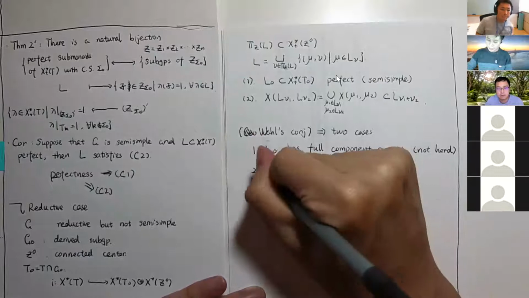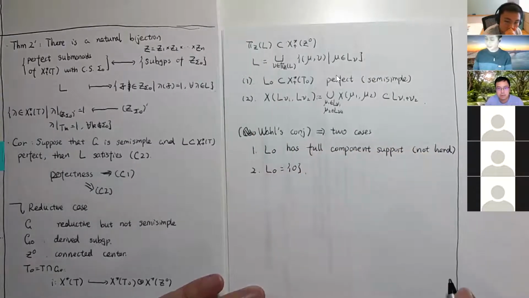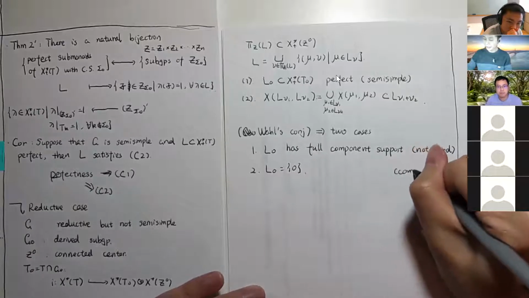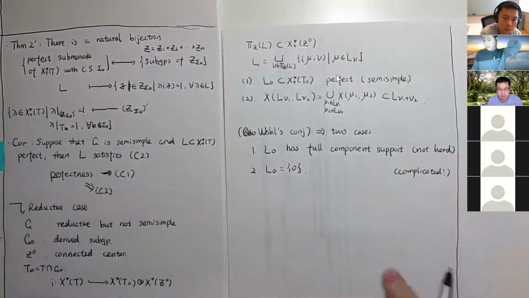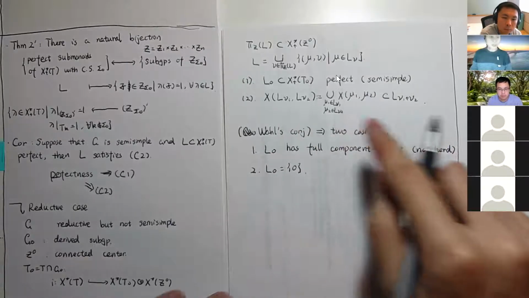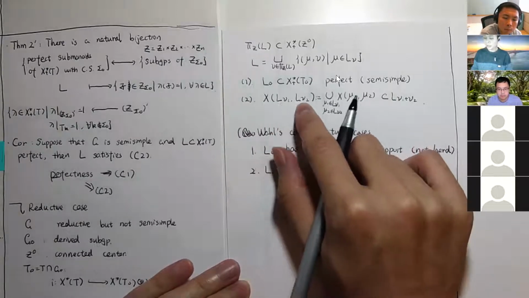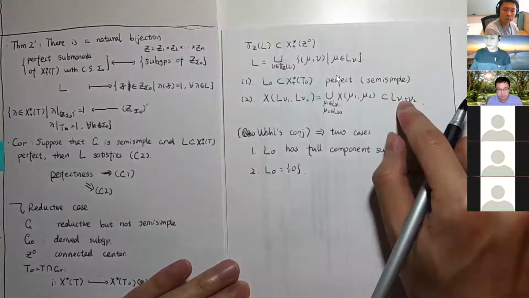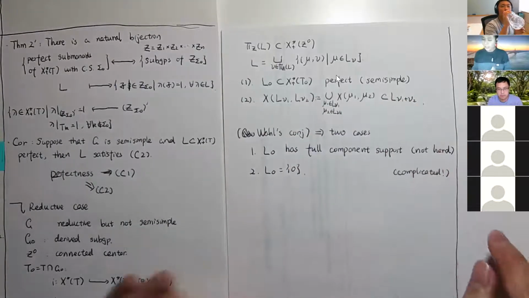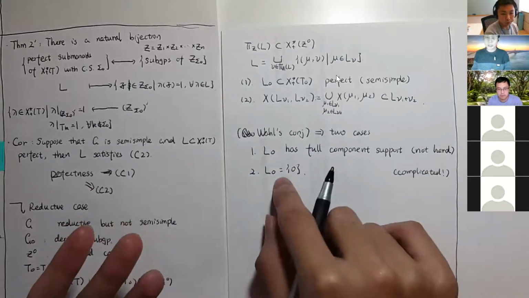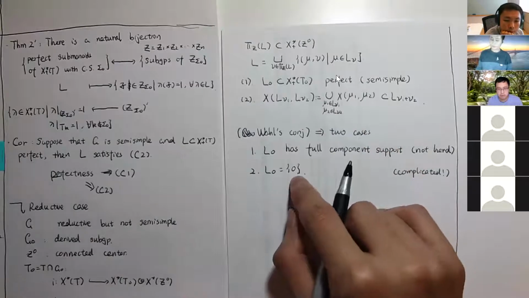And the second case is when L0 is just 0. And in this case, it becomes complicated, and this is not done yet. Because one special case of condition 2 is that X_L0 plus mu contains L_nu, but what we have here in this second case is that this condition is useless now because L0 is just 0.